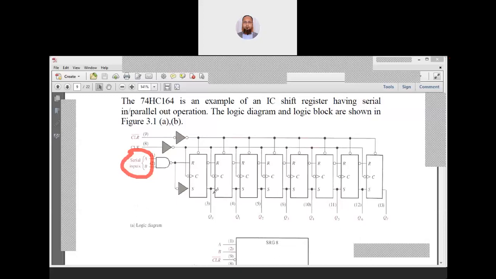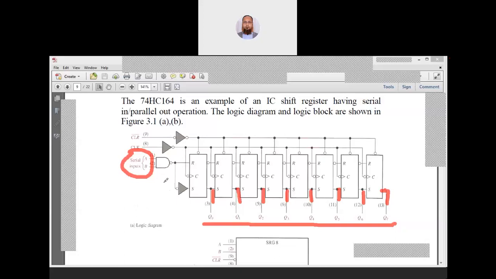You can see that the output we are taking is parallel out. From Q0 to Q7, all are taken out in parallel. So this is the structure.